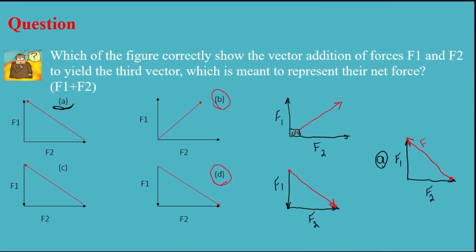If you go back to chapter 3, you can find it as F1 minus F2. F1 minus F2 means that the net force should start from the tail of F2 and end up at the head of F1. That's the meaning of F1 minus F2.